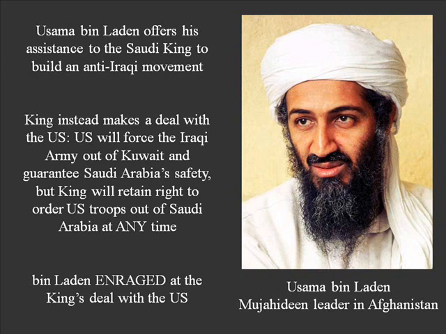And the deal that the United States promises is that the Saudi king gets to order the American troops out of Saudi Arabia whenever the king decides. And the king weighs these two options and decides to go with the American deal.